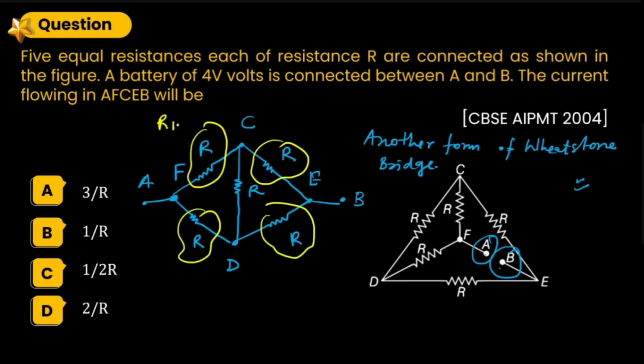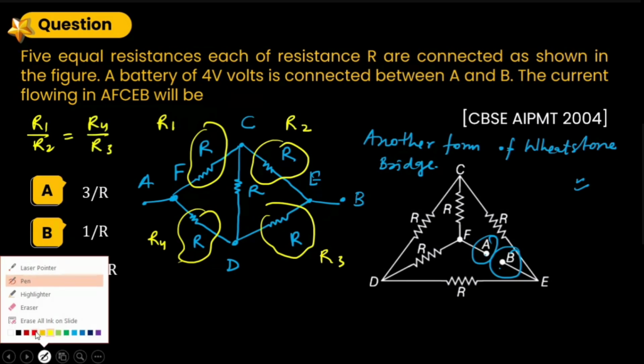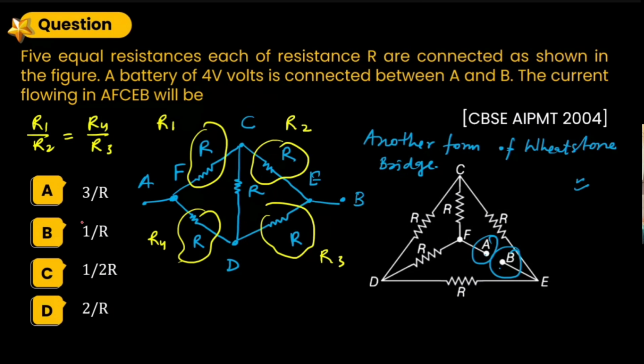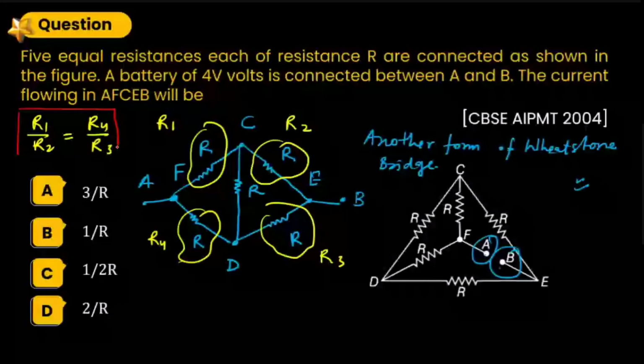This was supposed to be R1, this was supposed to be R2, this is supposed to be R3, this is supposed to be R4. So is R1 by R2 equal to R4 by R3? Okay, then they do. They have the same ratio. Yes, the ratio is equal.